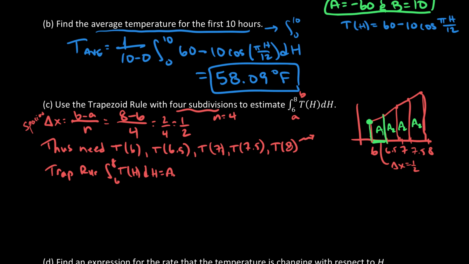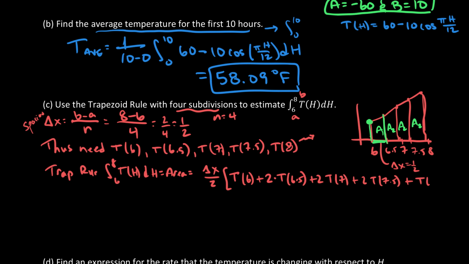That would give me the area, and that would be delta x over 2 times the first, which is T of 6, plus 2 times the second, which is T of 6.5, plus 2 times T of 7, and then plus 2 times T of 7.5, and then plus 1, because this is the end, T of 8.